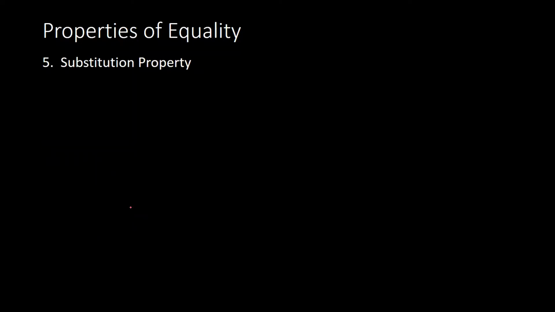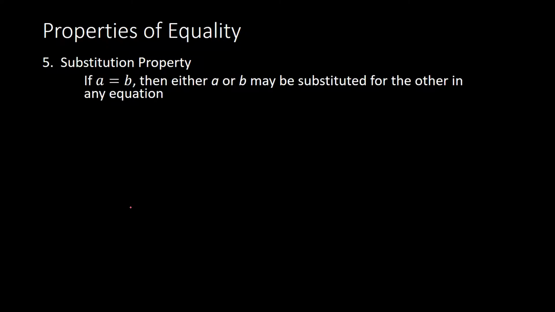The fifth property of equality is what's called the substitution property. And this says that if A equals B, then either A or B can be substituted for the other in any equation. So for example, if we were told that 2x minus y equals 12 and y equals 5x, then notice here this y is the same thing as 5x, as stated over here.